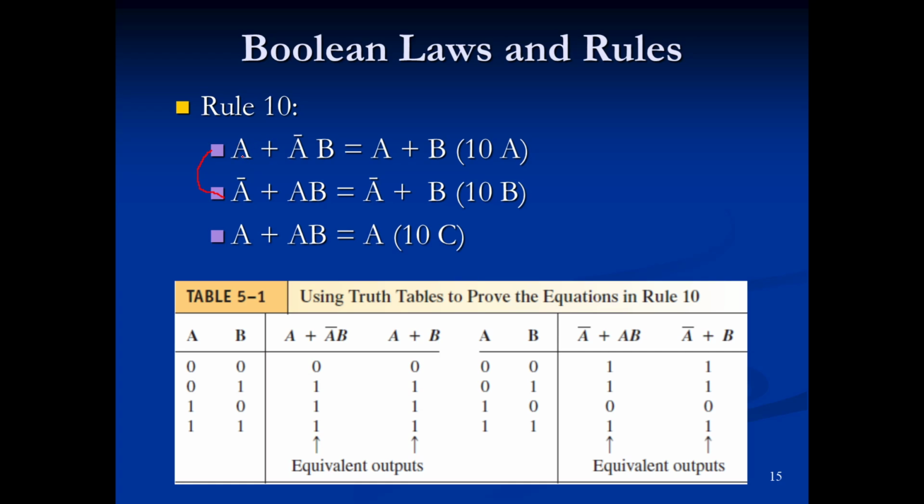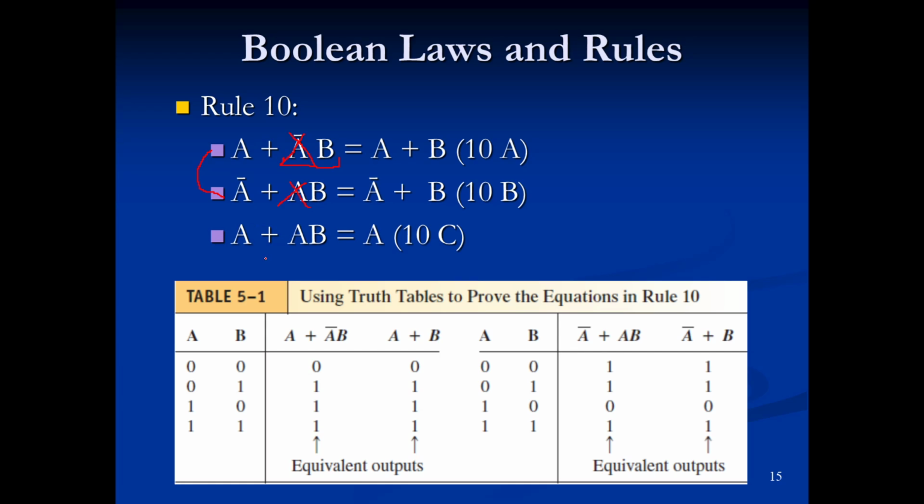The first one says that anything, let's just call it A, ORed with the opposite of A, meaning not A with a bar over it, and if that not A is ANDed with anything else, they're just calling it B here, but it could be anything else, we can basically eliminate the second A. And in a similar fashion, just inverted, if we have a not A, ORed with its complement, which in this case is just a regular A, and that complement is ANDed with B, then we can remove that second A. So basically, a value ORed with its complement, which is then ANDed with something else, we remove that second complemented value. And that's what those first two are basically saying.